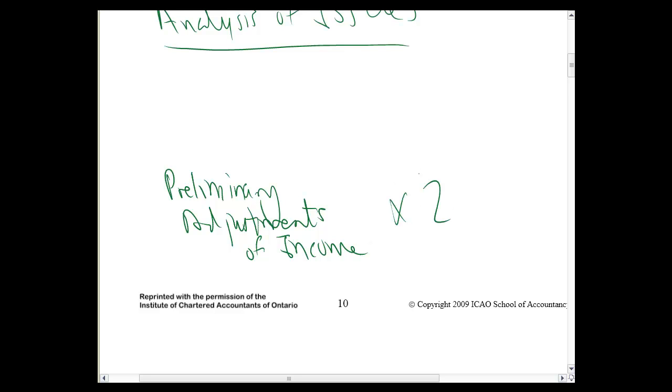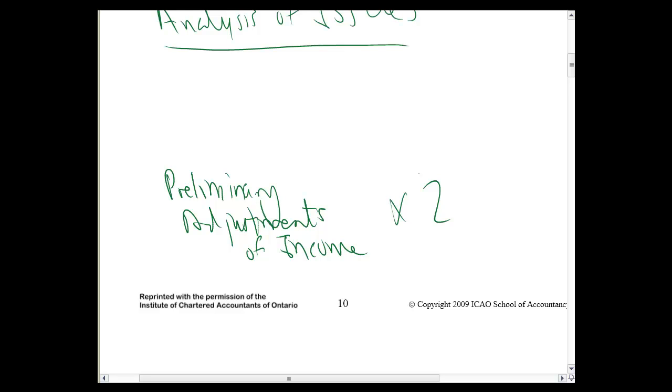Preliminary adjustments of income, right? And you're going to do that times 2, okay? So you're going to do 1 for the individual, 1 for the corporation, okay? So that's what your solutions should look like. And then the last part is you should have a part B, which will be the audit stuff, okay?